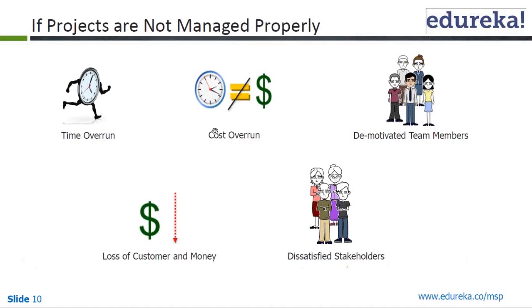When I say cost overrun, it doesn't mean beyond the acceptable limit. The acceptable limit could be, let's say, plus or minus 10% in case of cost overrun, or budget overrun.